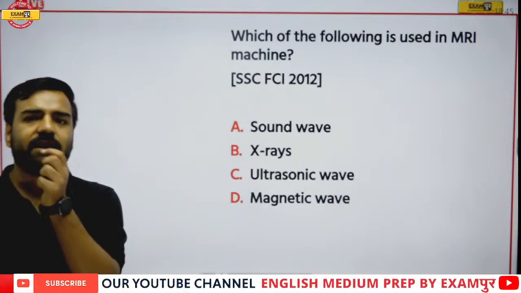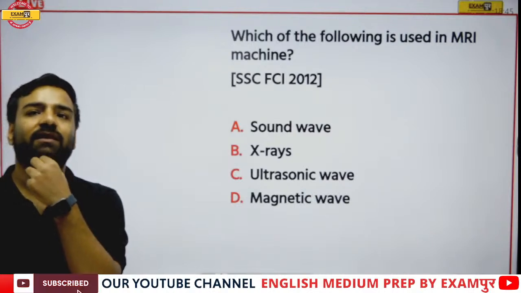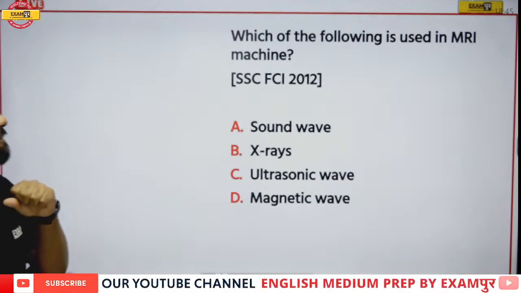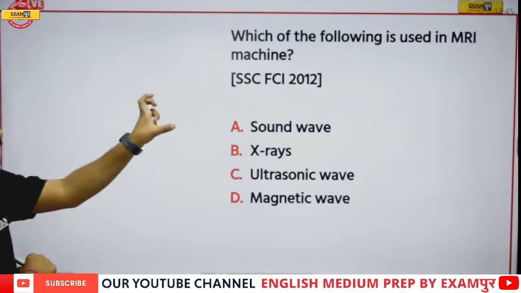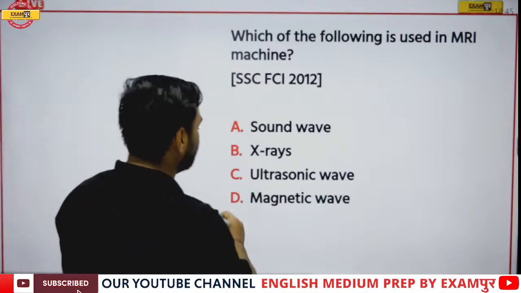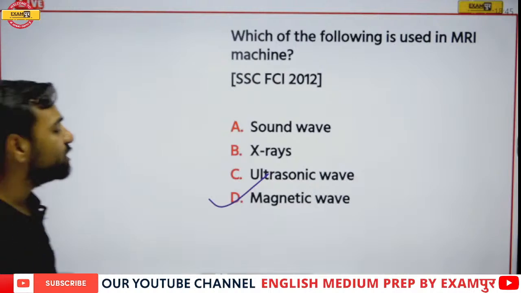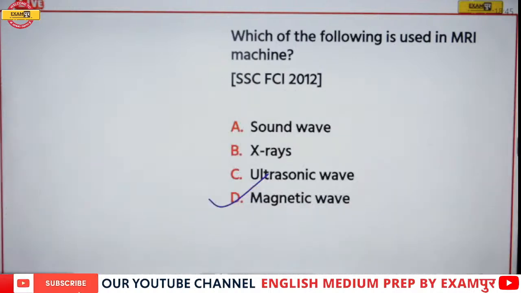See, from the name itself, we'll be getting this answer. Okay, Abhishek, fine. If I talk about the MRI machine, from the full form itself, that is magnetic, we can relate it. Yes, Jaya, that's totally correct. Option number D would be the correct answer. So MRI machines actually use magnetic waves, so option D would be correct here.